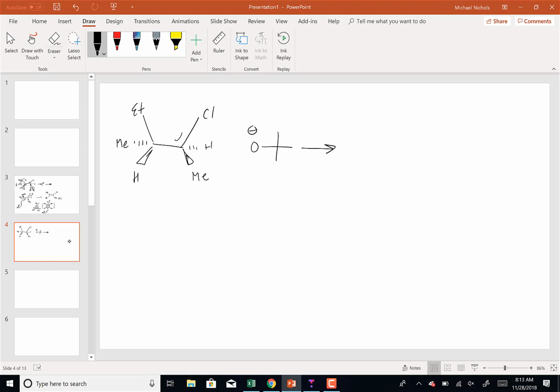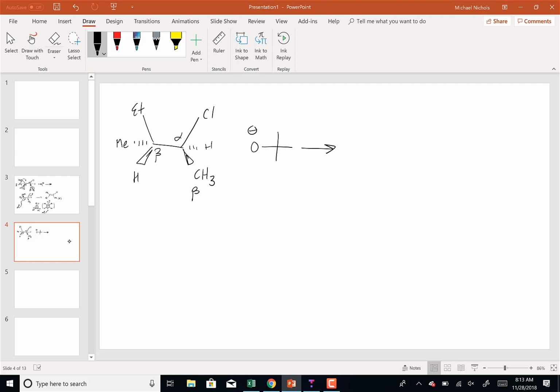You would say, okay, here's my alpha carbon, here's my beta carbon, here's my other beta carbon, except methyl and ethyl don't work well when you're identifying carbons. So there's my two beta carbons, and so can each become anti-periplanar? The answer is yes, they both could become anti-periplanar.